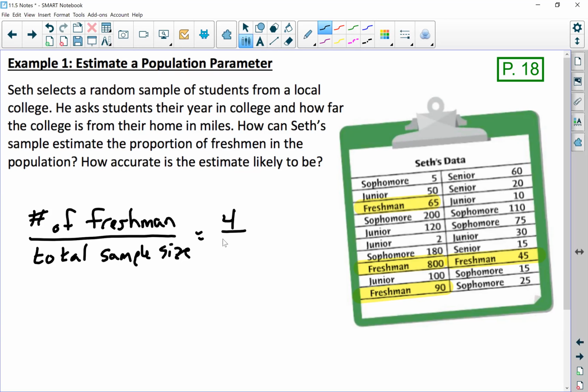So there are 20 people in his sample. You could write this as a fraction. You could also write it as a percentage. You could also write it as a decimal. Any of those three would be the proportion, your sample proportion.